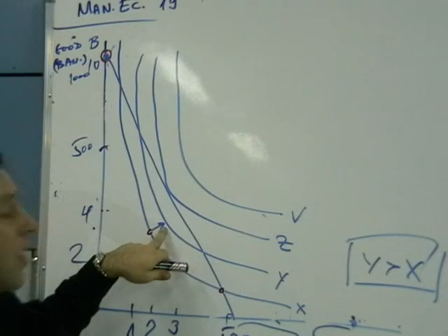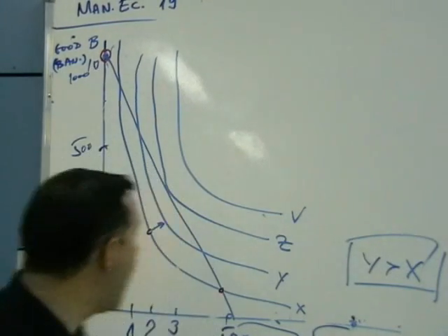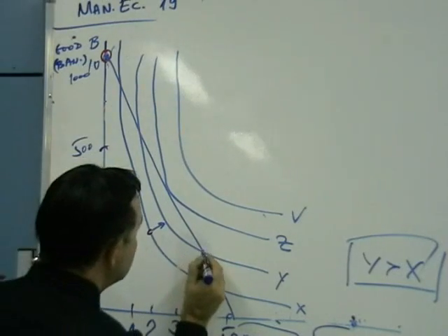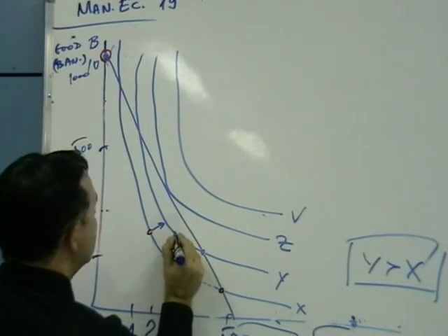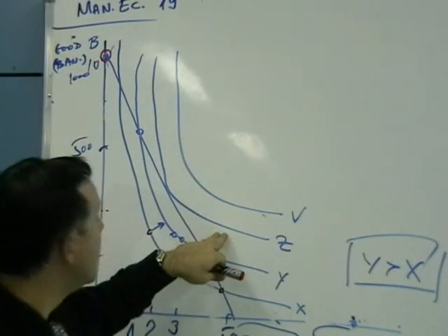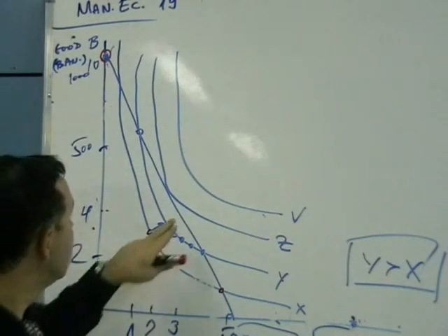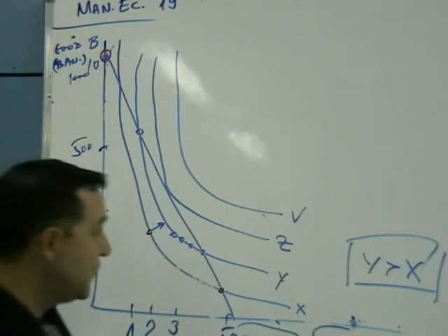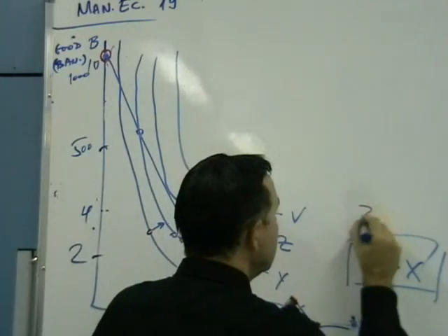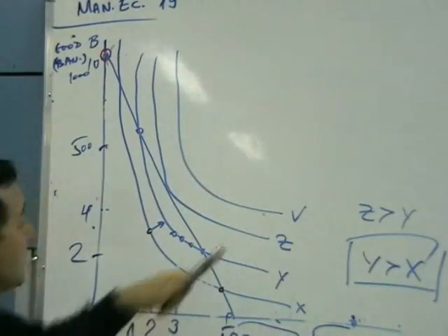So, he can consume on X or he can consume on Y. Of course, is Y affordable? Yes, Y is affordable. He can consume here, or here, or here, or here, or over here. So what about Z? Will he consume and get to Z? First of all, is Z preferable to Y? Yes, of course.